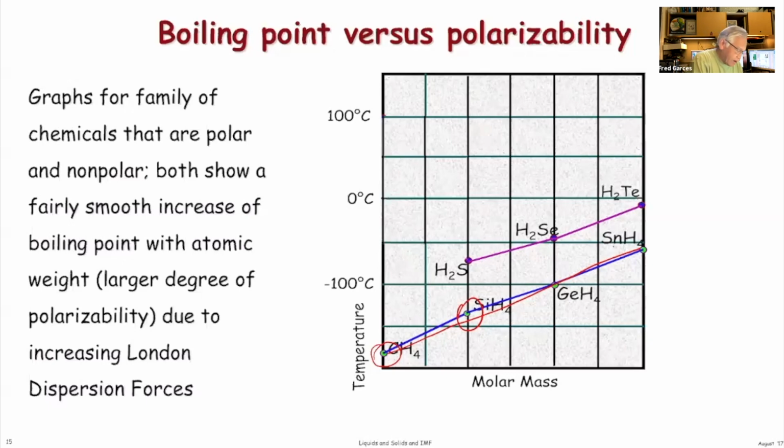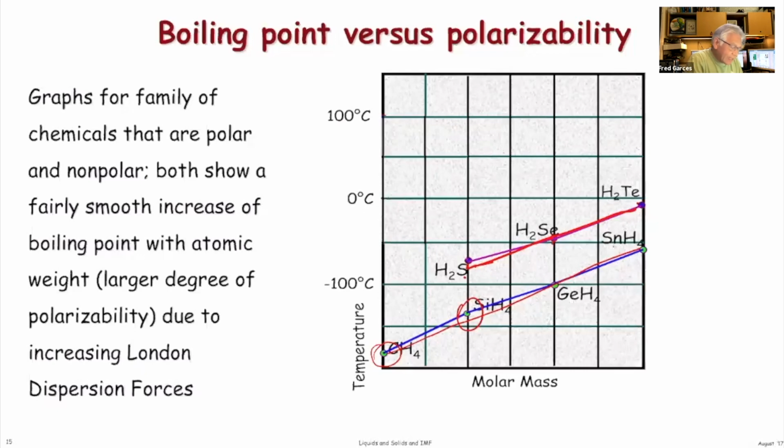Same thing here: H2S, H2Se, H2Te. Now, you guys know that these are all in the same family. Carbon, silicon, germanium, tin are all in the same family. Sulfur, selenium, tellurium are all in the same family.